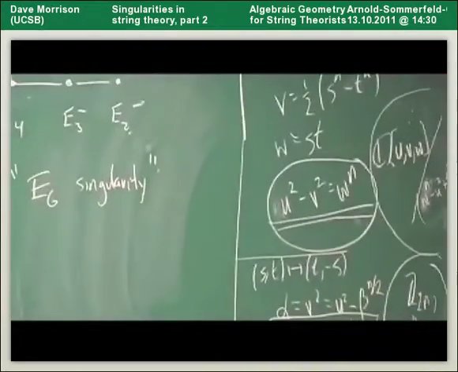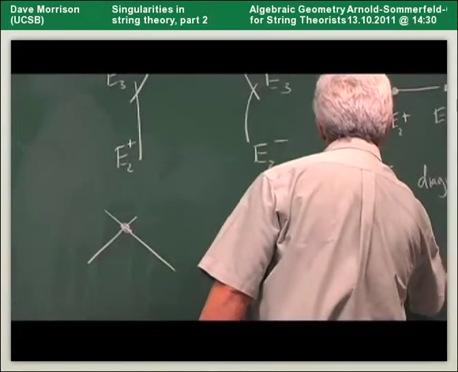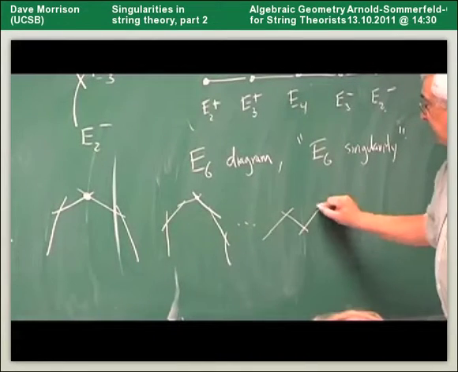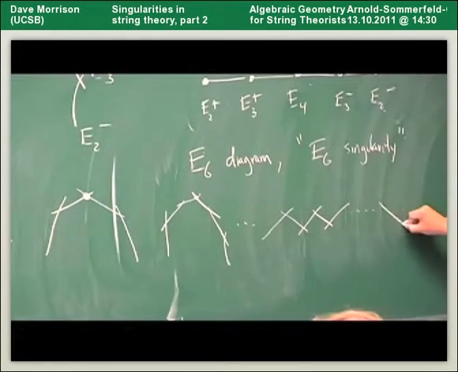Each blow-up, except possibly the last, introduces a couple of exceptional divisors. You might have another couple of exceptional divisors, another couple of exceptional divisors, until you're done. And at the end, you're either going to get one or two. So the final result is some kind of chain of curves like this.